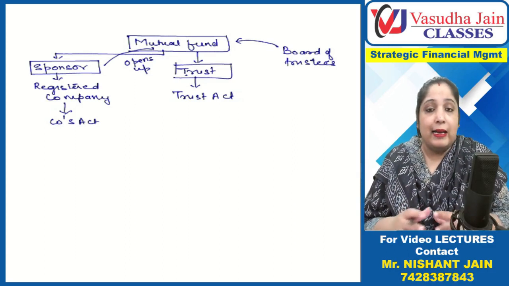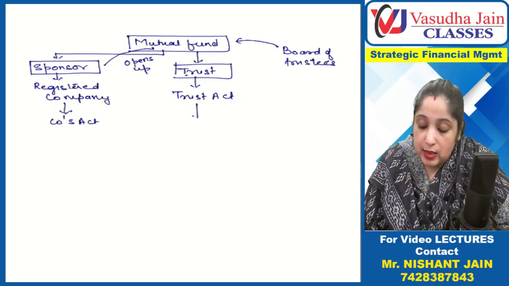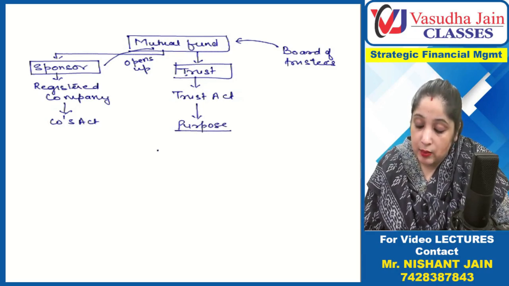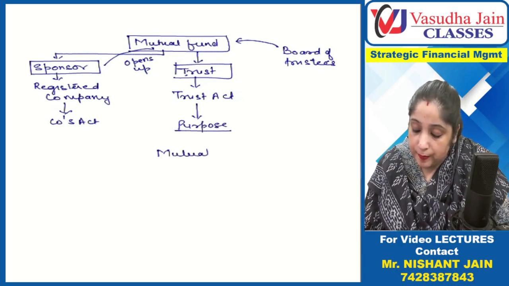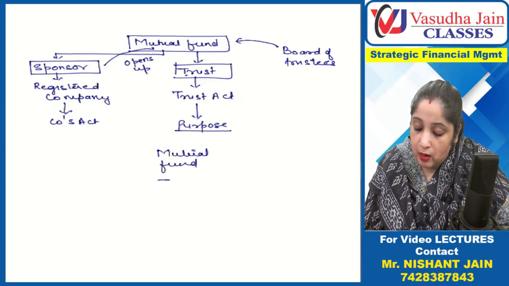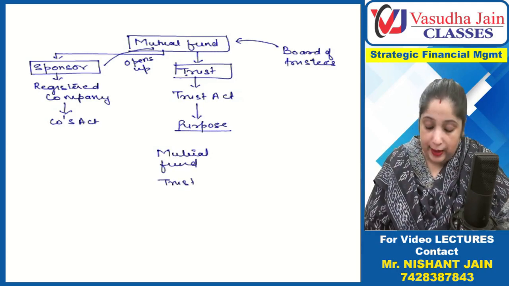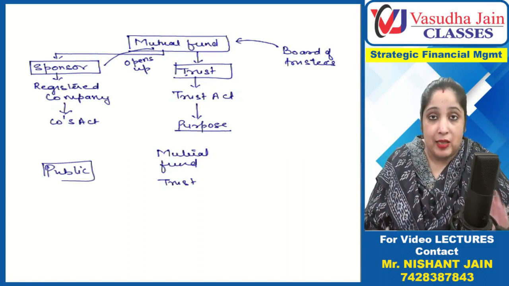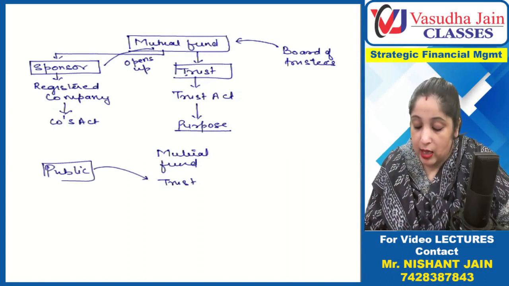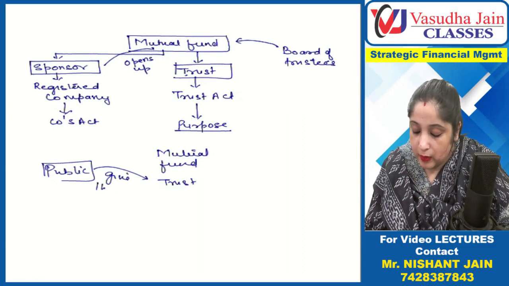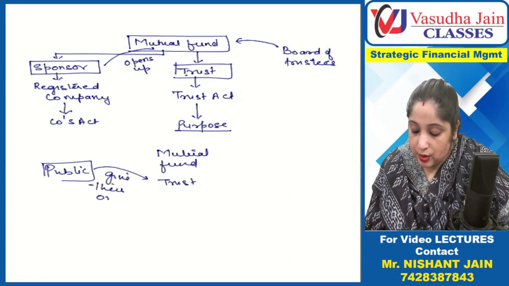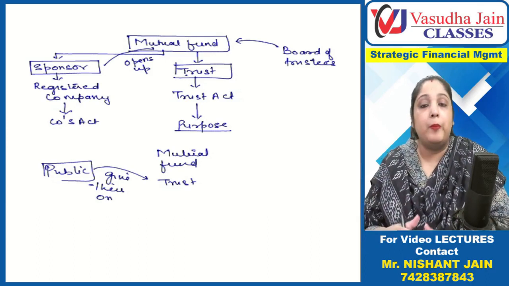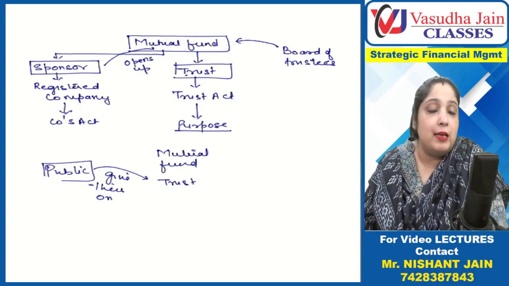Now, what exactly is the purpose of this trust? The purpose of this trust is that people from the public as a whole invest their money, or I should say they give their money on trust. So they pool their money in this trust.